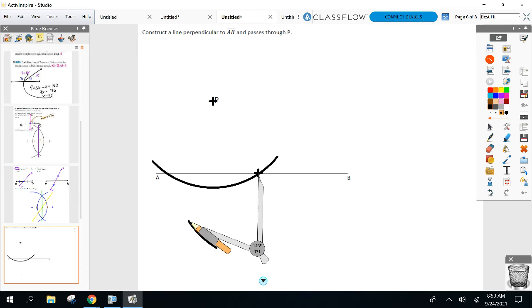Ready? Make another arc below that one. They don't have to intersect. I prefer they don't. And then go over to your other point of intersection and make a second arc.